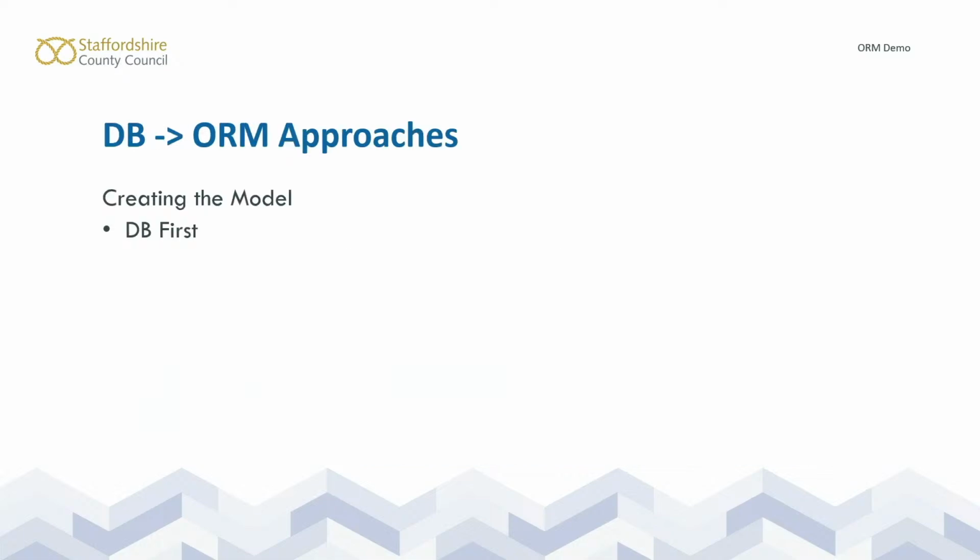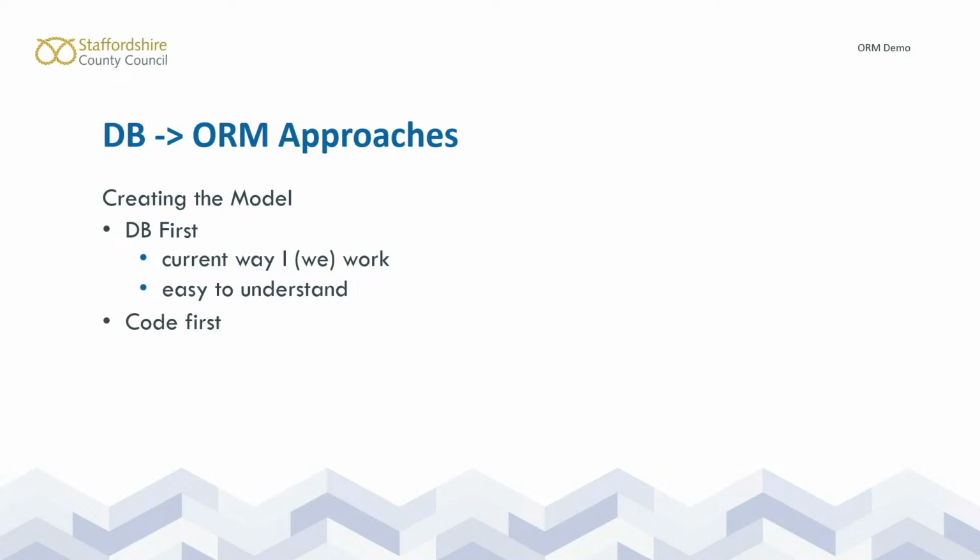So there are two approaches to creating these entities, the models. There's the DB first, which is what we use at the council. It's easy to understand. It's the current way we work. You can tweak the database before scaffolding all the entity models.